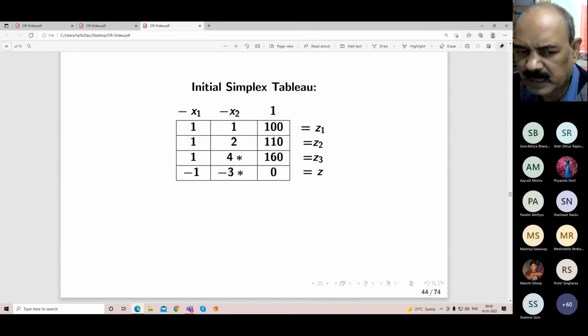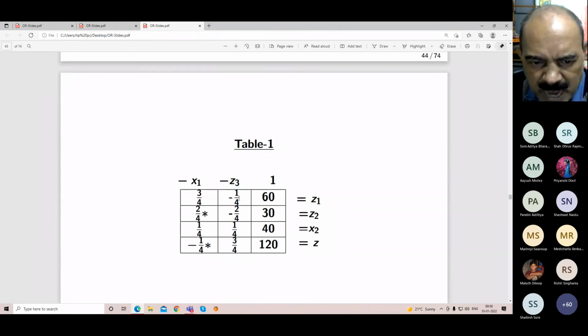And this minus 3 is becoming minus 3 by 4 with a minus sign, that is 3 by 4. So as a result, we have minus 1 by 4, minus 2 by 4, 1 by 4, 3 by 4. So P is becoming 1 by 4, for the particular row you are dividing by 4, and for the particular column we are dividing by 4 with a minus sign.